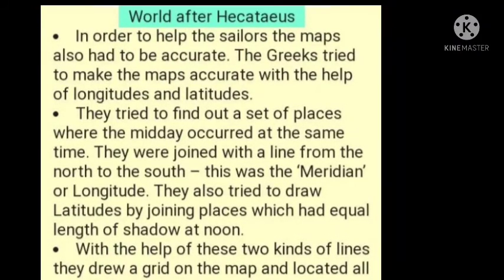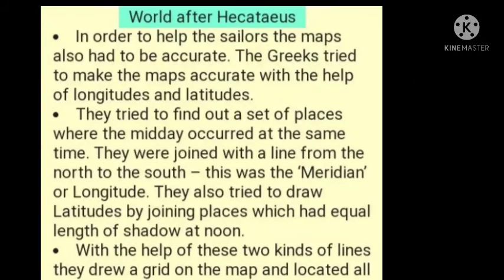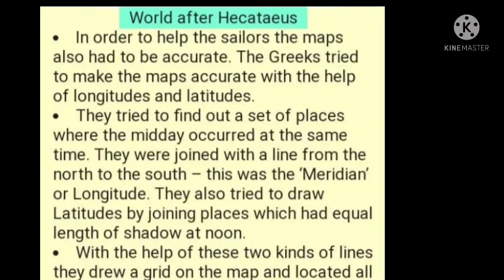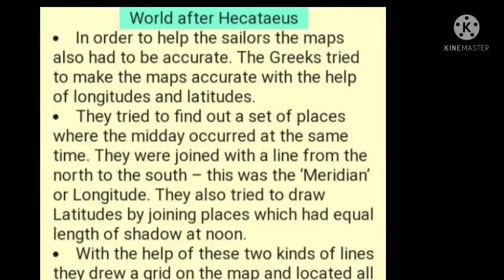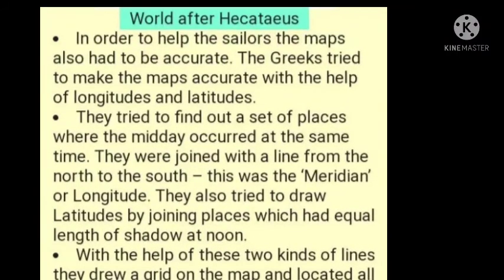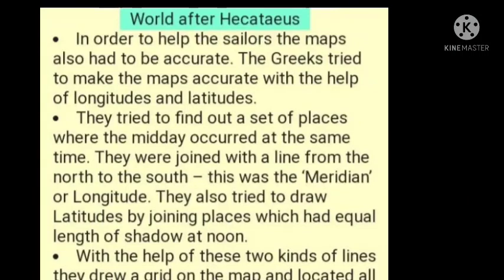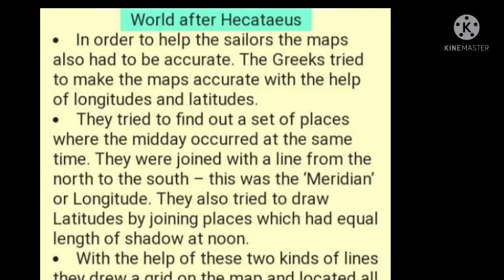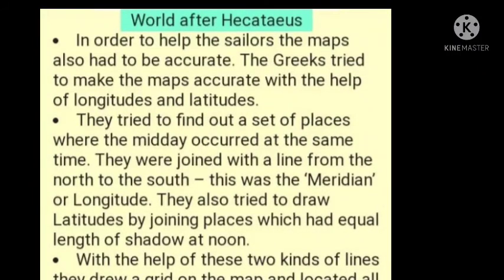They tried to find out a set of places where midday occurred at the same time. They were joined with a line from the north to the south. This was the meridian or longitude.